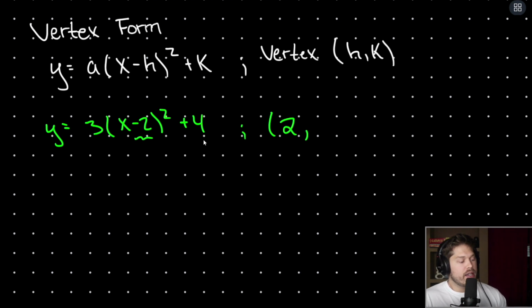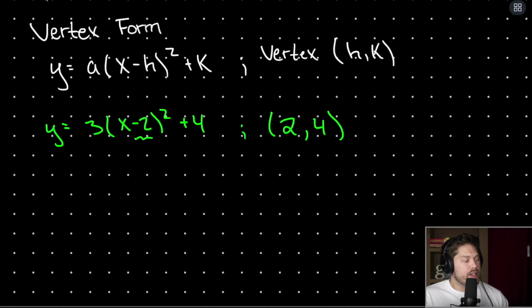And then your k is still 4. So your vertex for this equation is going to be (2, 4). And so think about that. That's the only tricky part with the vertex form, is knowing that the sign will flip for whatever is next to your x. Okay?